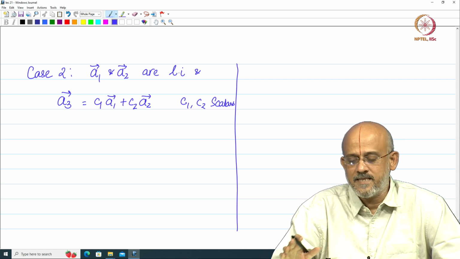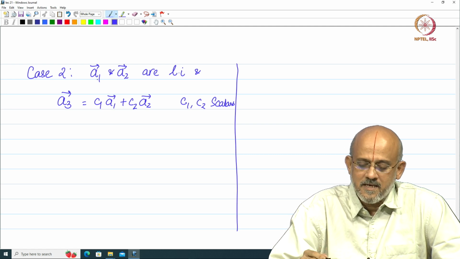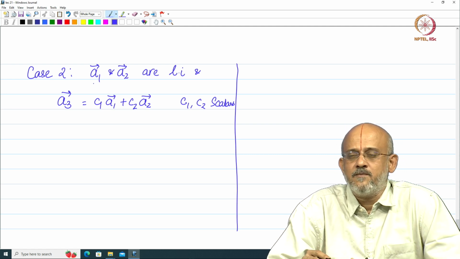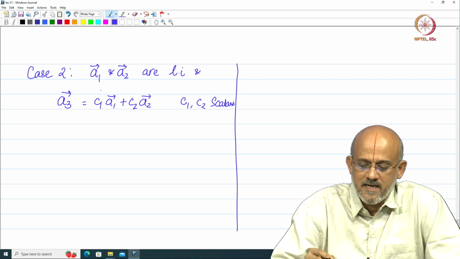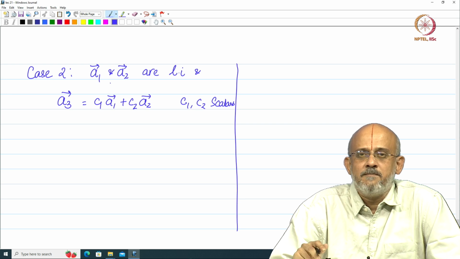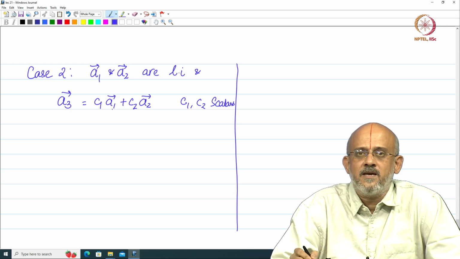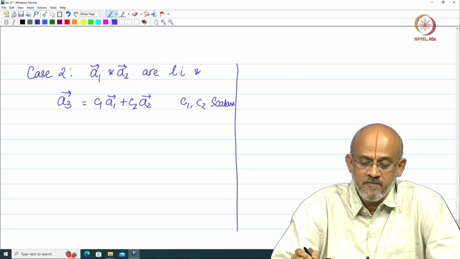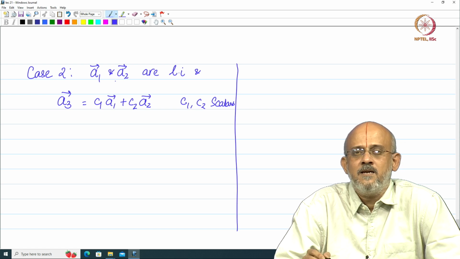So, if that is the case, then whenever there are 2 linearly independent vectors, A1 and A2, the span, or all possible linear combinations of these 2 vectors, will be a plane. Since A3 is also a linear combination of A1 and A2, the vector A3 will also lie in the same plane that is defined by A1 and A2.